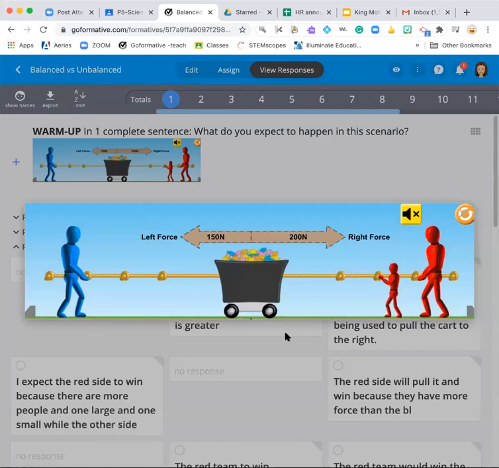In one complete sentence, what do you expect to happen in this scenario? Again, I want to remind you that this is the warm-up. There's no right or wrong. So what do you think? Okay.